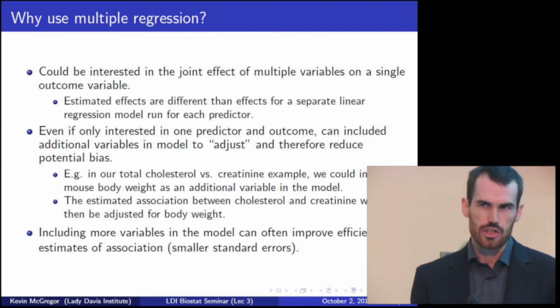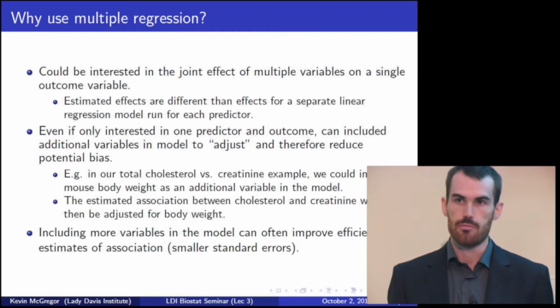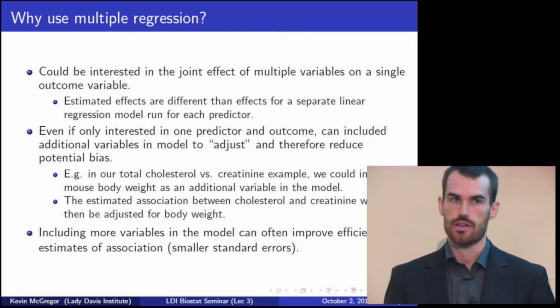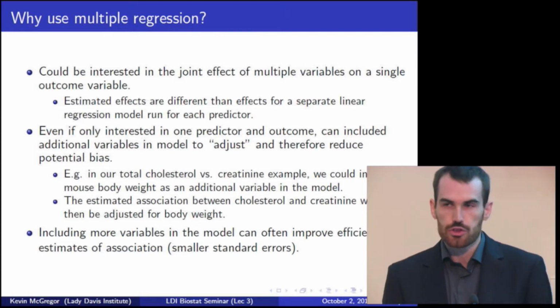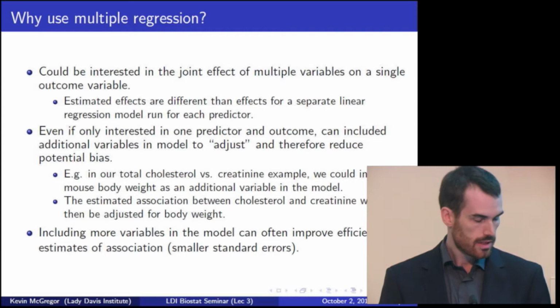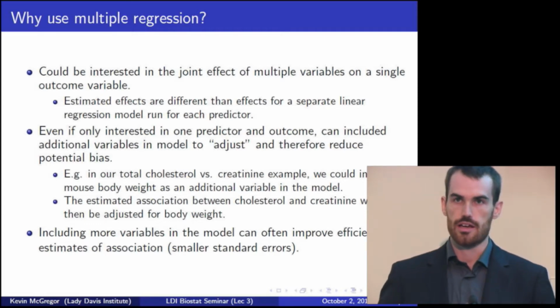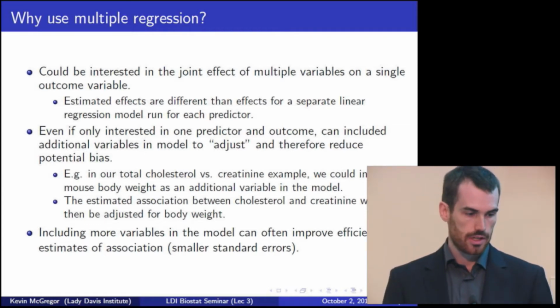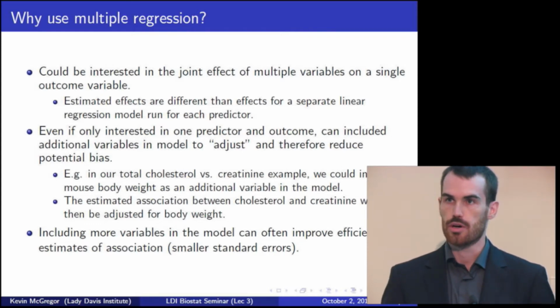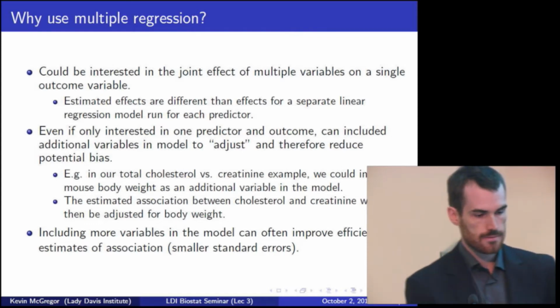It turns out that you tend to get better, more efficient estimates when you put things together in a model. That's only true to some extent. Of course, you have to take your sample size into consideration, but in general, if you have a large enough sample size, then putting more things into your model will often help you out in terms of efficiency.